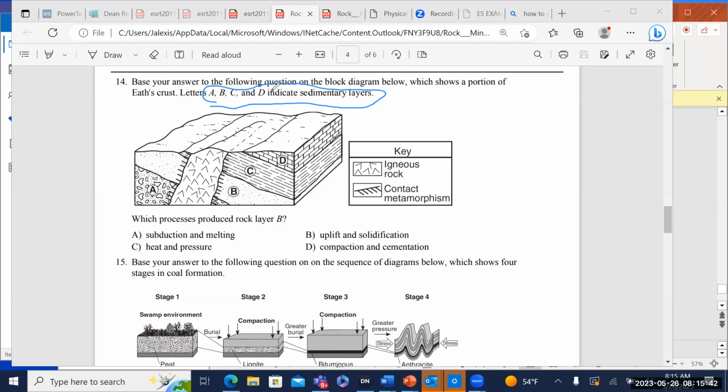So when I go and check, for rock layer B I need to find out what page of the reference tables gives me the process by which a sedimentary rock is created, right?